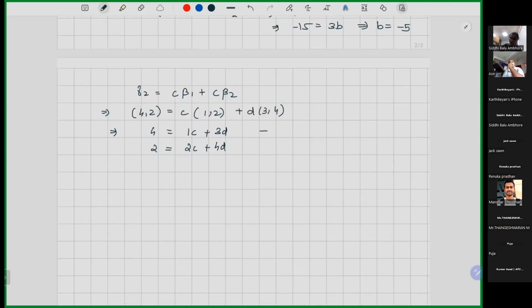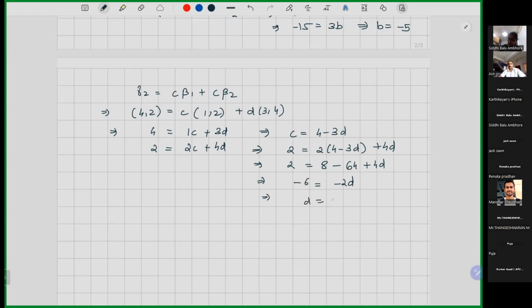So from here what I get, C is equal to 4 minus 3D. This I substitute in the second equation and I get 2 is equal to 2 times (4 minus 3D) plus 4D, and this gives me 2 is equal to 8 minus 6D plus 4D, and this is minus 2D, and here it will be -6.